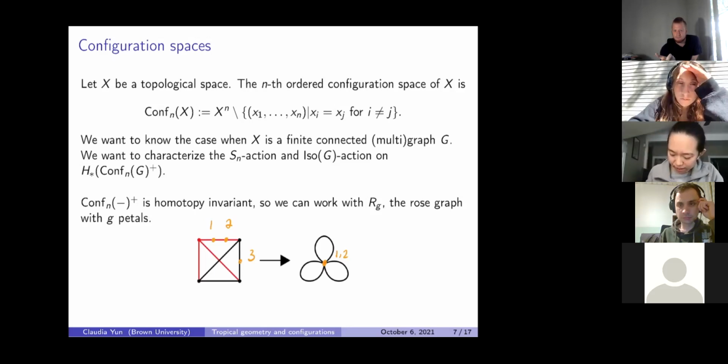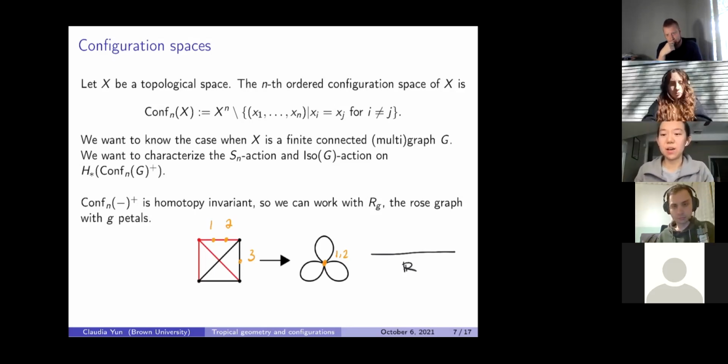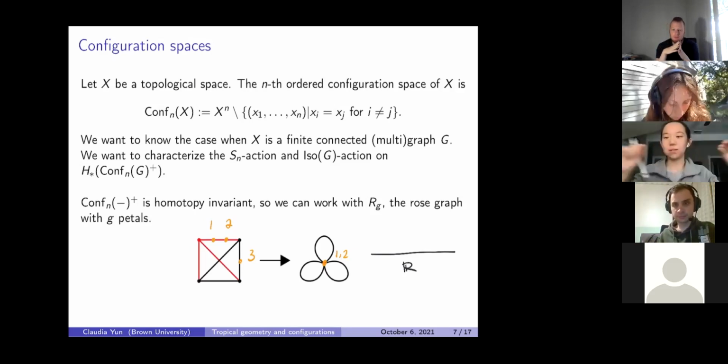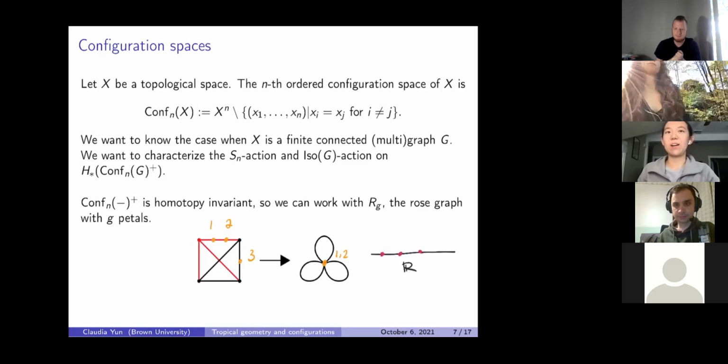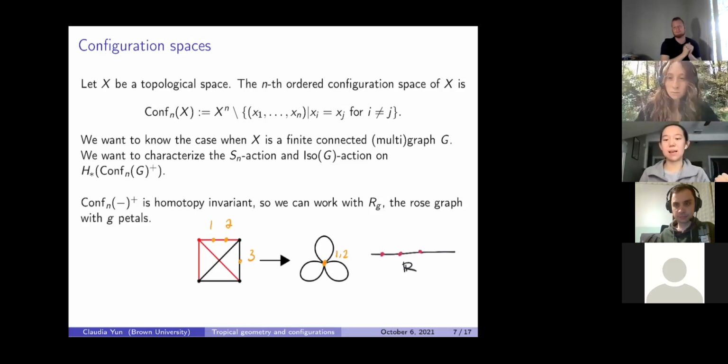So let's just look at this idea. If we have a copy of R, a configuration on R, you can either think of it as a subspace of R^n, or you can think of it as a collection of points on this one copy of R. Because giving a point in R^n so that no two coordinates are the same is the same as giving n different points on R. Yeah, thank you.